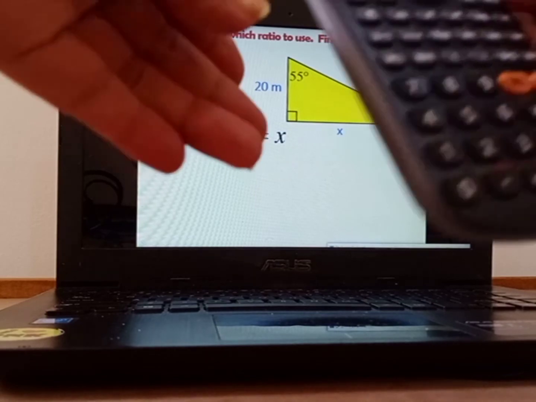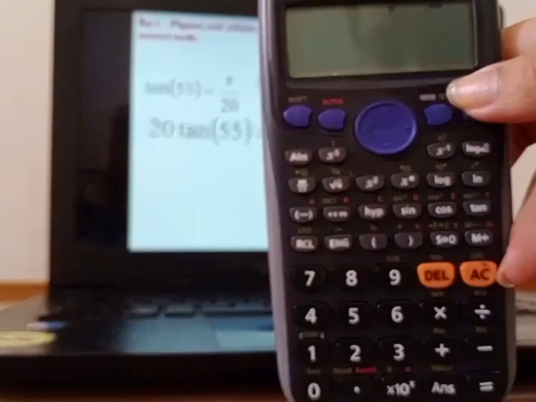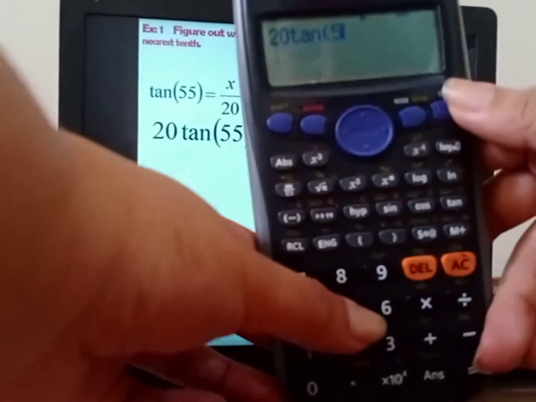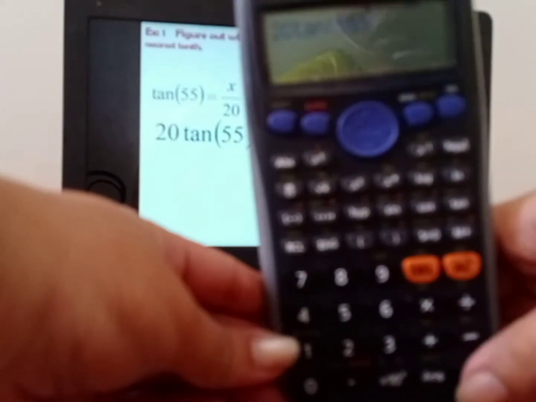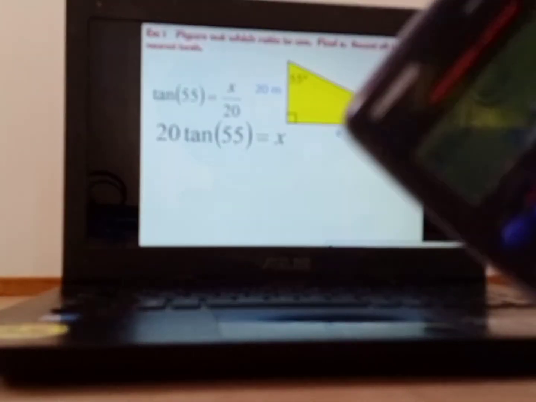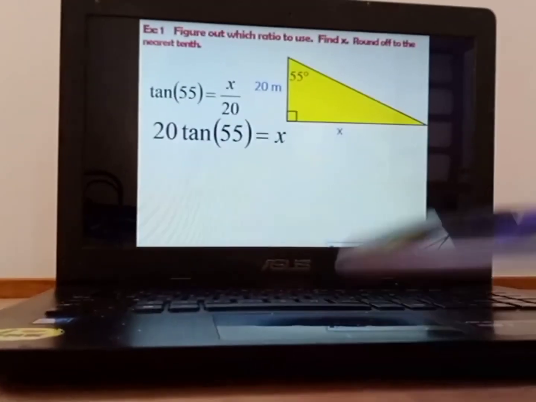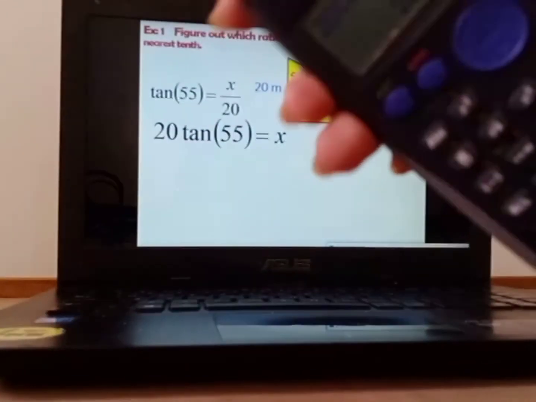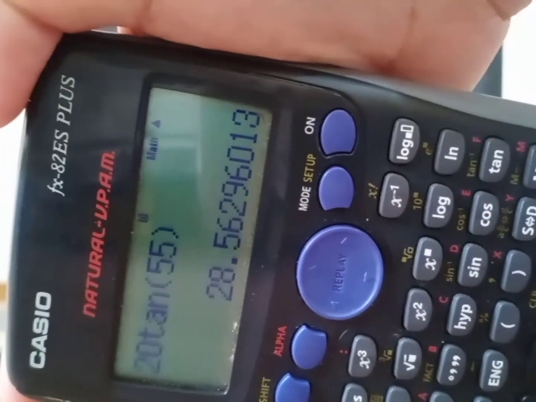So again, using your calculator, class, we have 20 multiplied by tangent 55, then close parentheses. We have 28.56.